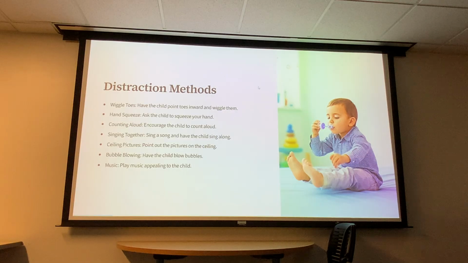Distraction is huge when we're looking at atraumatic care, and again, it's based on their developmental level. So how we distract a toddler is not going to be the same way we distract an adolescent. So what things can we use for our younger kids versus our older kids?